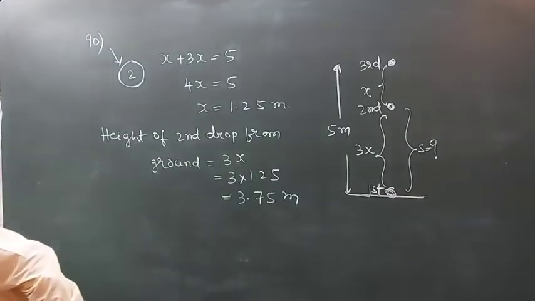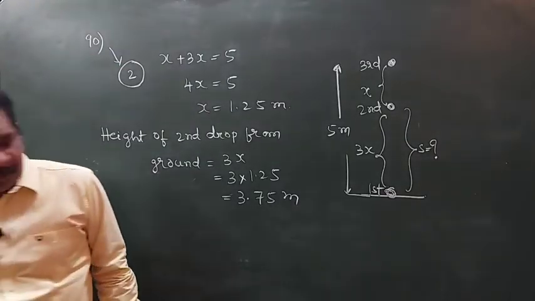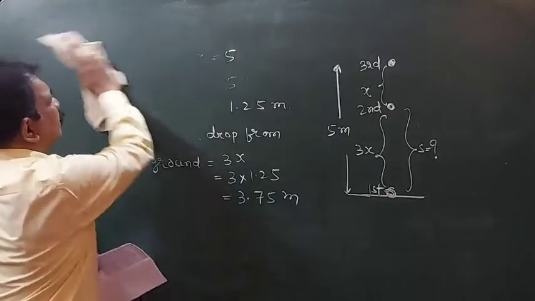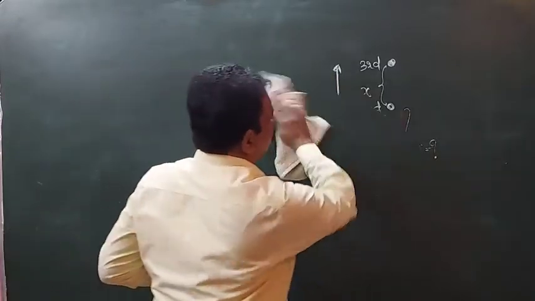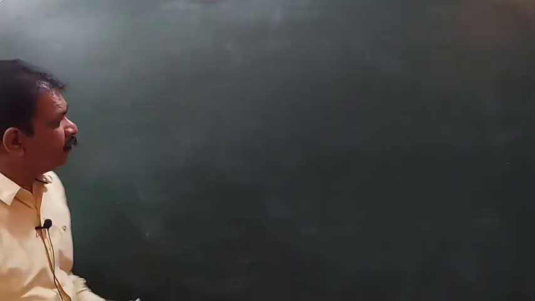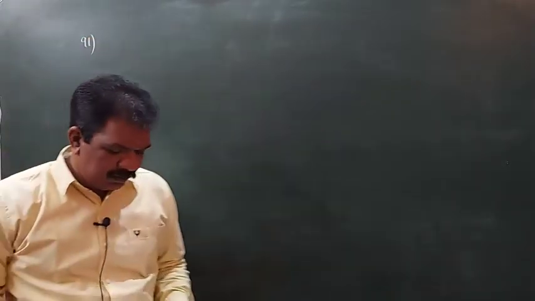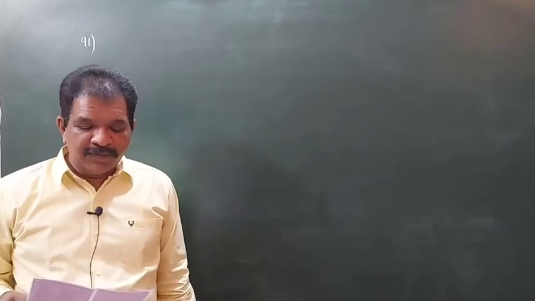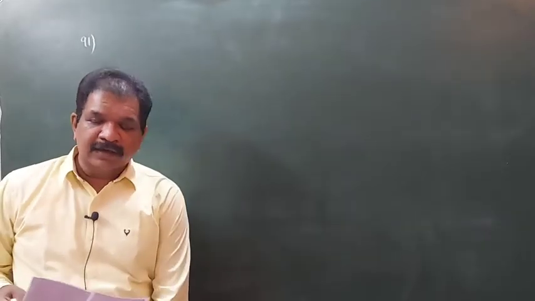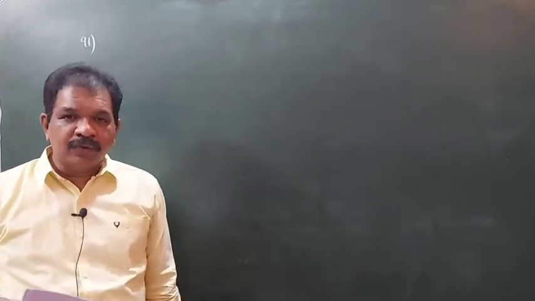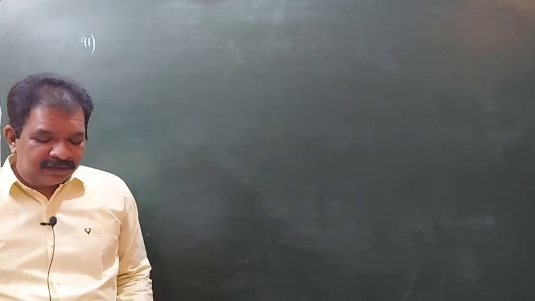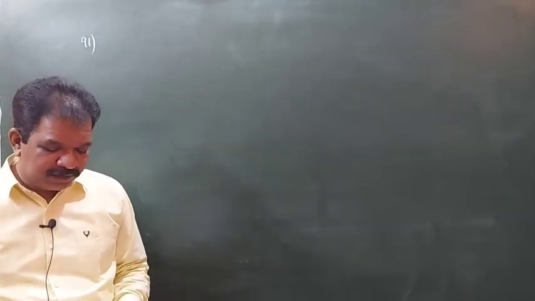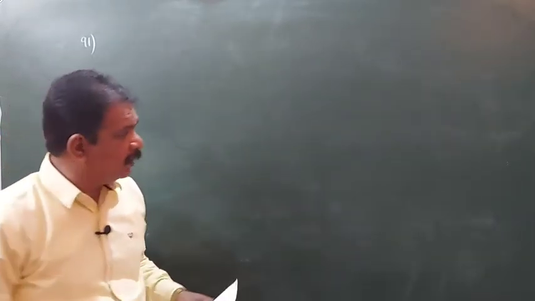Next, 91. A stone is shot straight upward with a speed of 20 meter per second from a tower 200 meter high. The speed with which it strikes the ground is approximately?